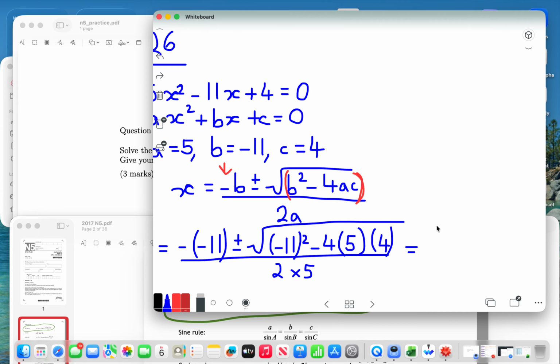Minus 11 is just 11. Then we get the square root of 11 squared, minus 11 squared is the same as 11 squared. So 121 minus 80 is 41, and that's all divided by 10.